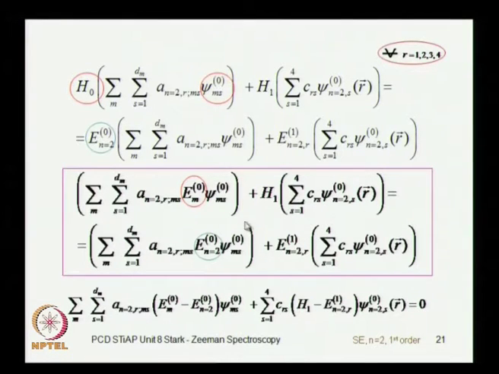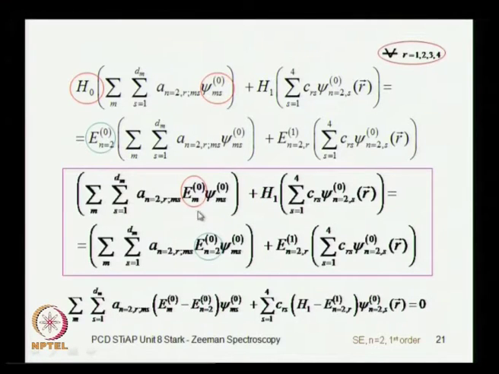So, I take all the terms to the left and set everything equal to 0 instead of having a left hand side and a right hand side. I have taken all the terms on the right hand side to 0, changing the sign. So, on the left hand side I will get this Em0 minus En0 from the combination of these two, and on the right hand side these coefficients are the same.